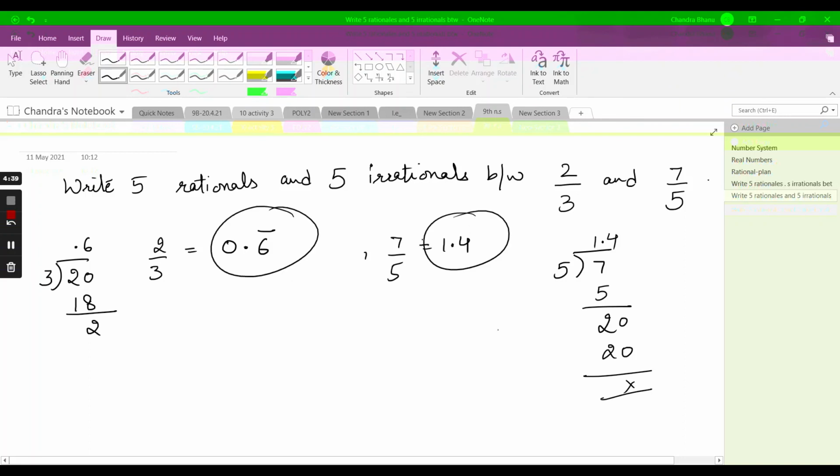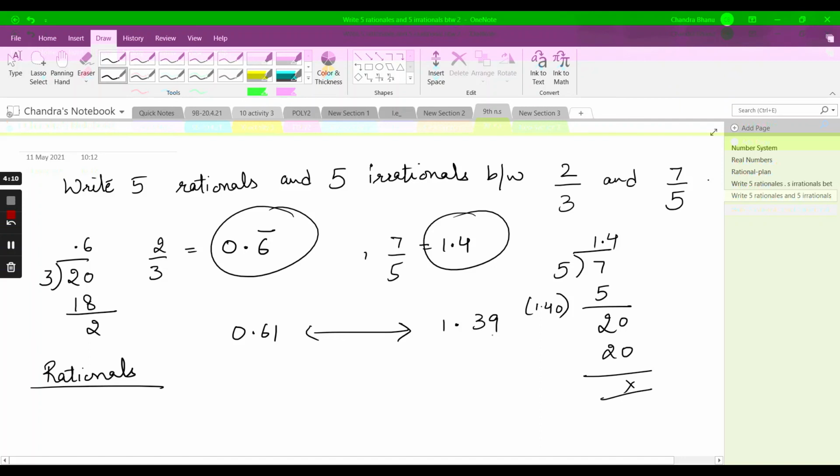So I have these two numbers with me. I have to find 5 rationals and 5 irrationals between them. Let's talk about rationals first. I'm going to start from 0.61, and I can go till 1.39. I am not going to take 1.40, which is the same as 1.4, since I want numbers in between them.